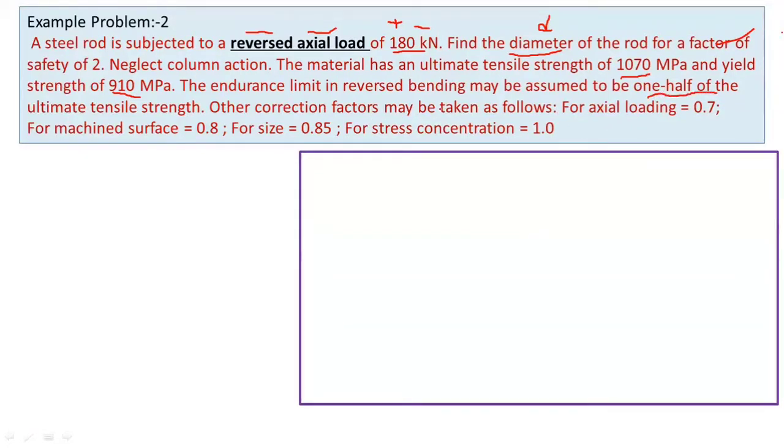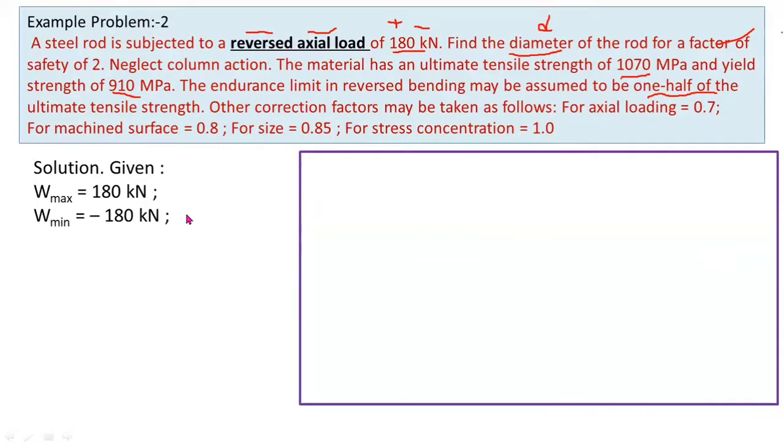Other correction factors may be taken: load correction factor, surface finish factor, size factor, and stress concentration factor, this is Kf. Now the given data. The maximum load equal to plus 180 kilonewtons and the minimum load equal to minus 180 kilonewtons.